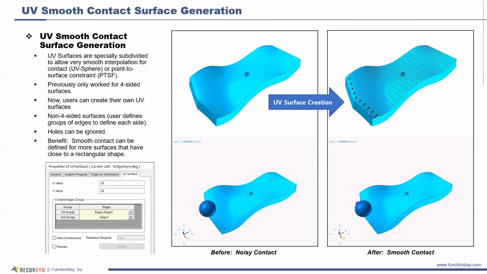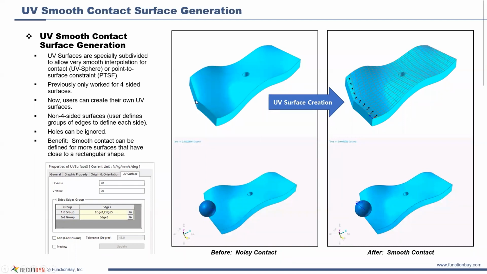The enhancement in this version is that there's now a utility to create your own UV surfaces. So you don't have to use only a four-sided surface. You could start with something maybe 5 or 6-sided here.